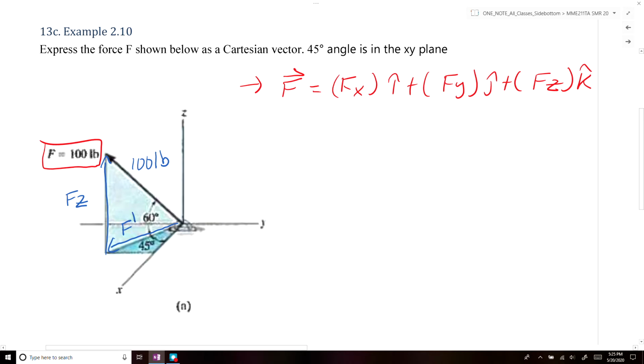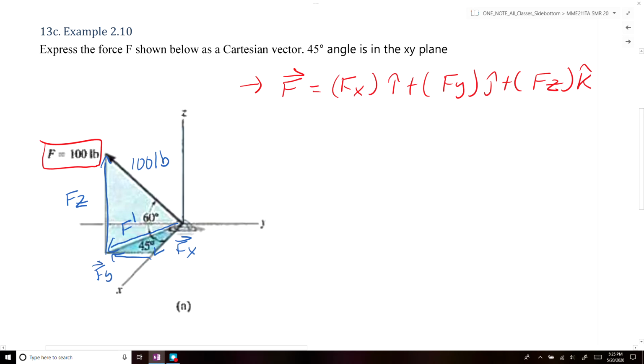Once we have F prime and Fz, we can then calculate the components of our smaller triangle, the opposite side and the adjacent side. The smaller triangle has the 45-degree angle drawn, it's a little bit darker blue, and it'll have two components: Fx and Fy.